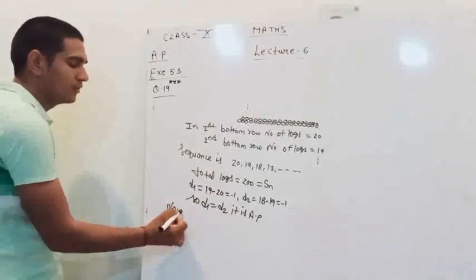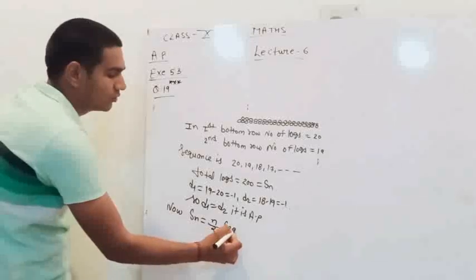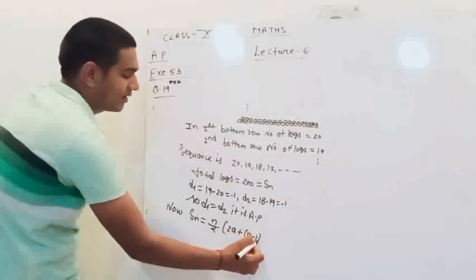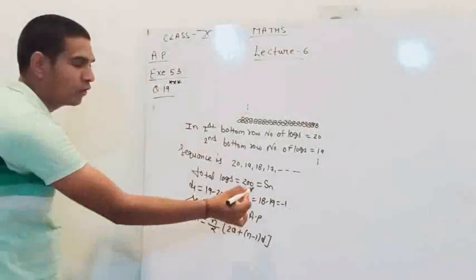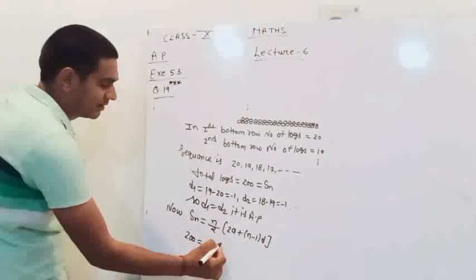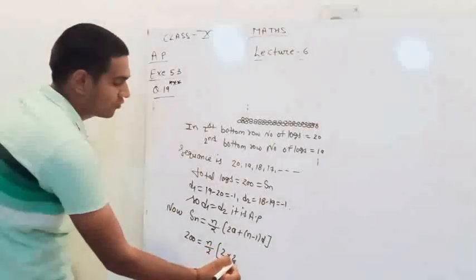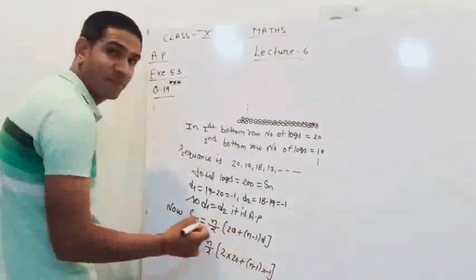Now we will use Sn is equal to n by 2 into 2a plus n minus 1 into d. What is the value of Sn? The sum of all logs is 200. So 200 equals n by 2 into 2 times 20 plus n minus 1 times minus 1.